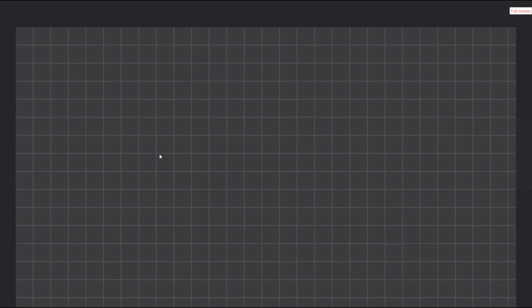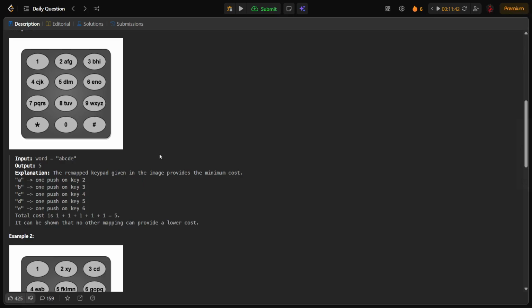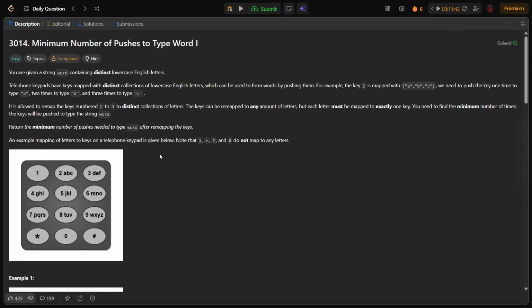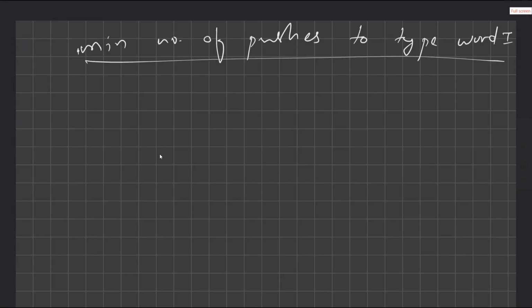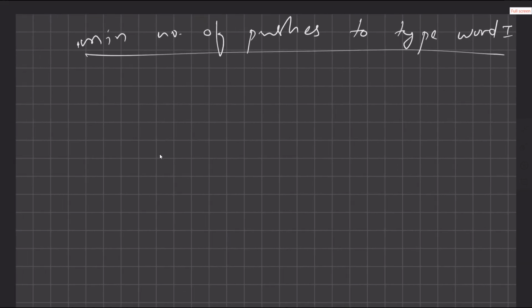So in the problem, Minimum Number of Pushes to Type Word 1, what they said is that in a keypad phone, we had this thing.